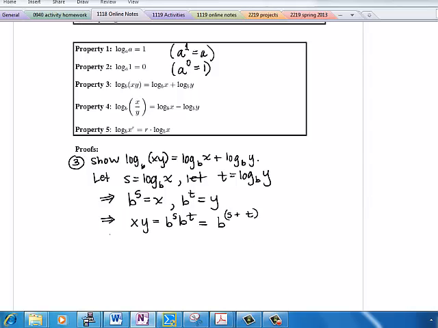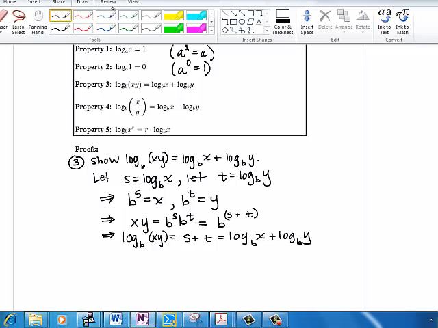So that's telling us that the log base b of x times y, the exponent we put on b to get x times y, is s plus t, and that is the same as the log base b of x plus the log base b of y.